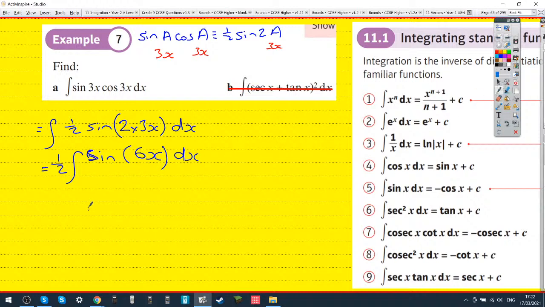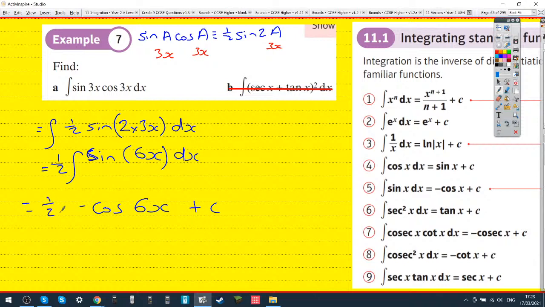Right. Minus 6, minus cos 6x. And what else? Oh, times a half.